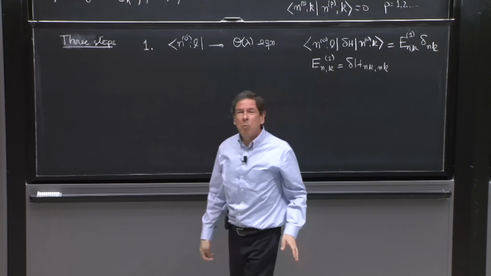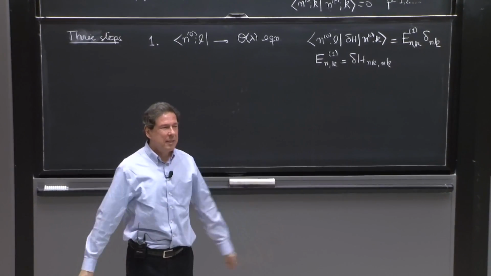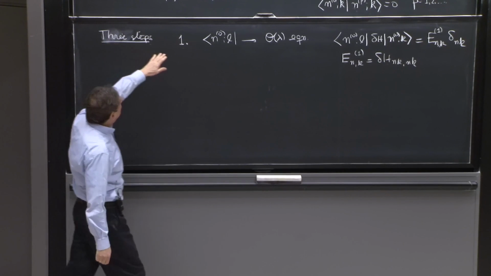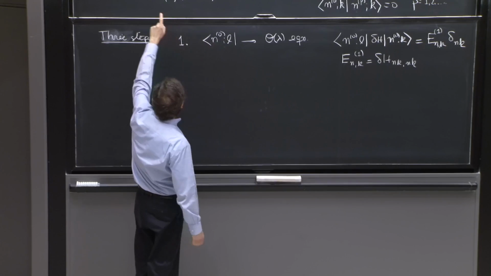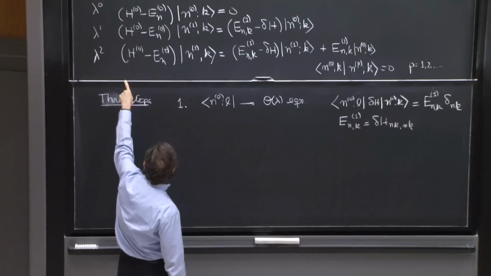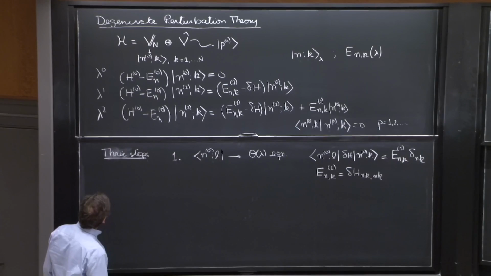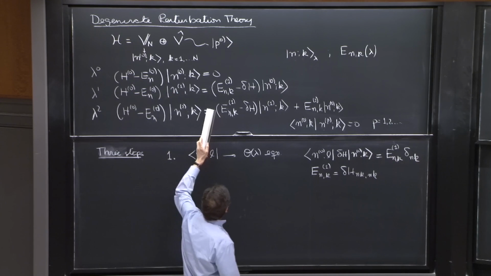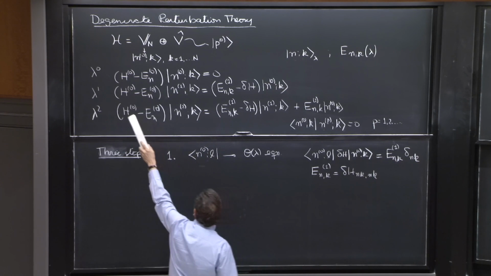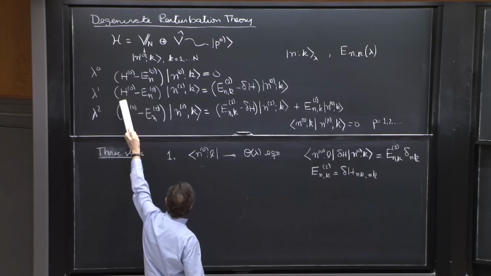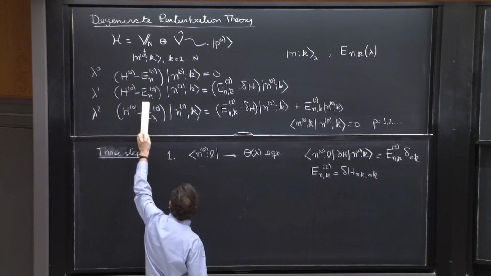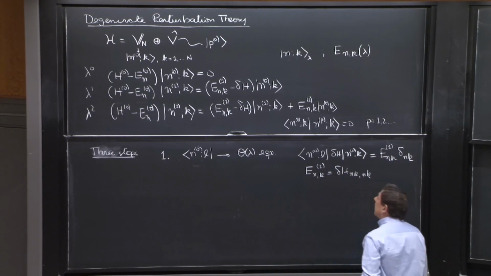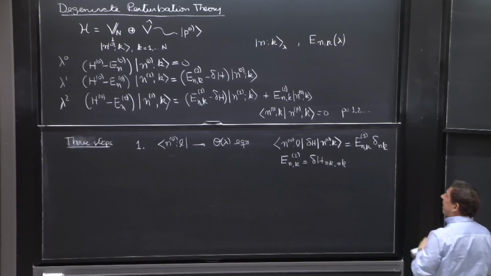So that was the setup. And we said we would calculate things using 3 steps. The first step was to act with those unperturbed states on the order lambda equation, so lambda to the 1 there. The first equation is always trivial. So we acted on this equation, and these states are killed by this operator on the left, because they are states of energy En0. Therefore, you get the right-hand side equal to 0 when you have the N0L.